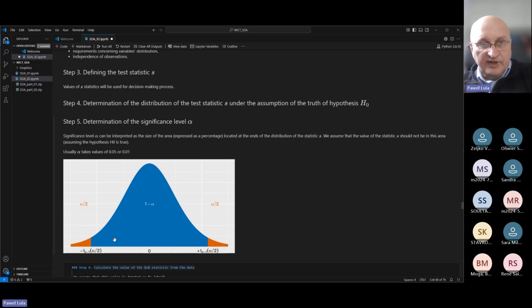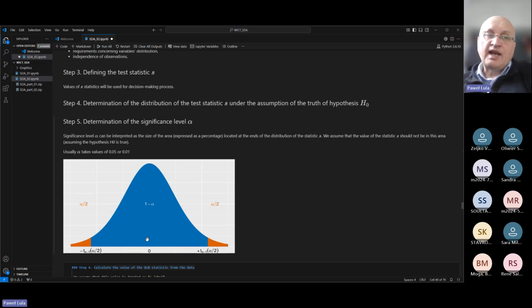If zero hypothesis is true, then a value of our test statistic calculated using data from our data set should be in this region, which is here marked as blue region. It should be here.